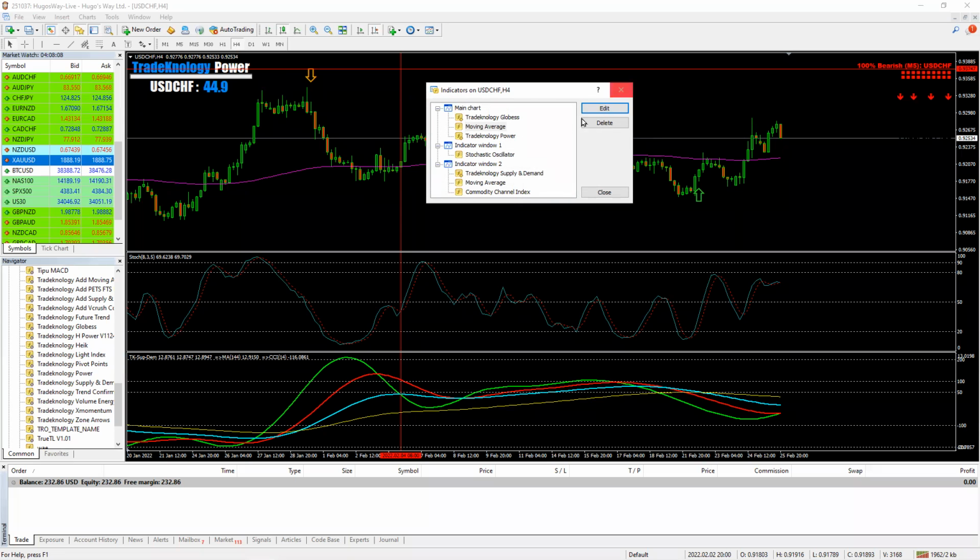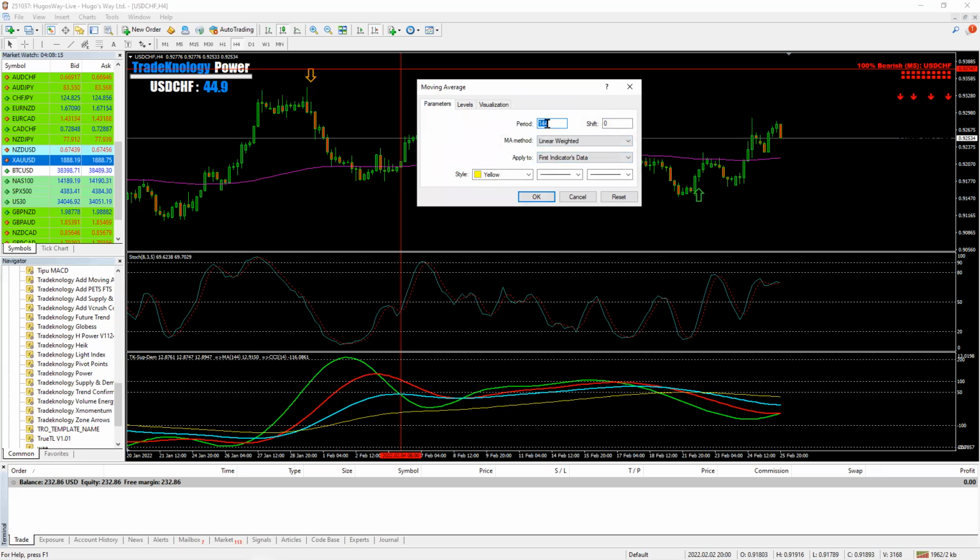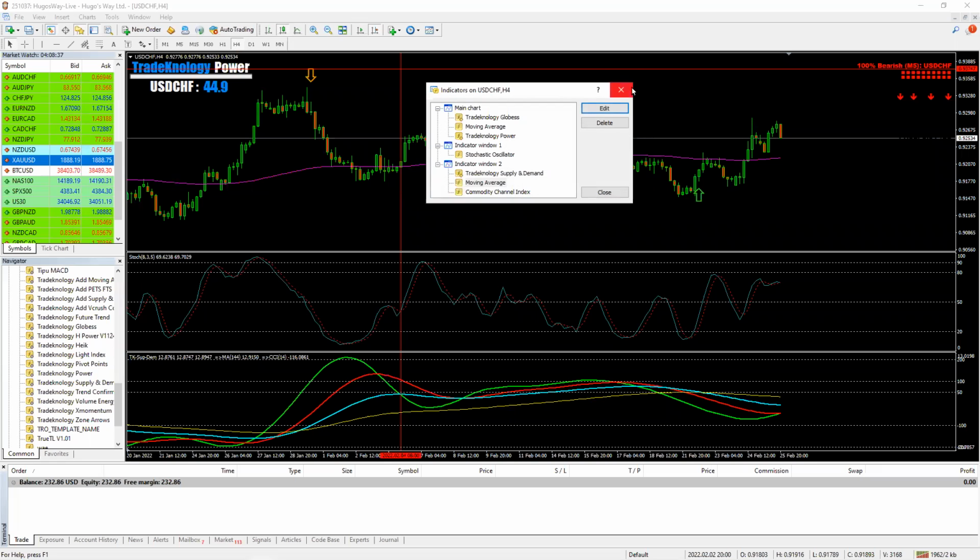Okay, the moving average for the bottom is going to be set to 144. All right, it's going to be linear weighted. All right, and it's going to be yellow. And you've got to make sure that you set it for first indicator's data so it appears on the bottom and not on your top.